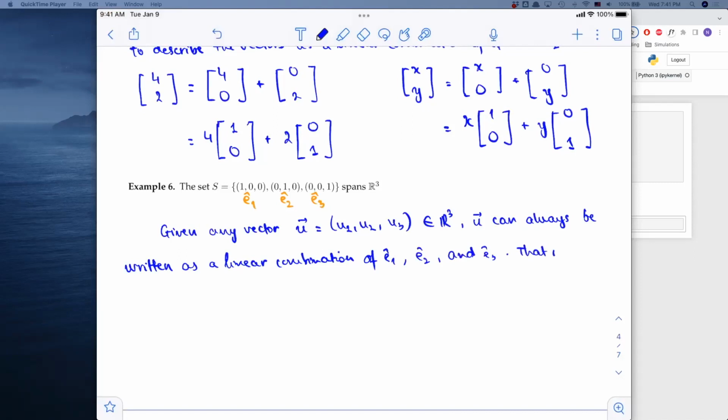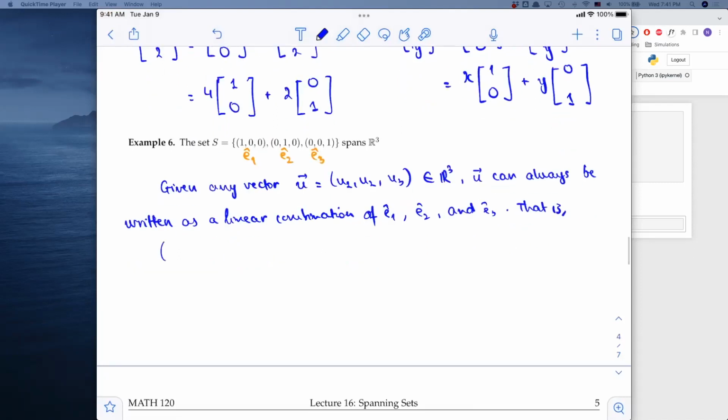That is, if you write U1, U2, U3 in this form, you can separate this particular vector into a sum of three other vectors. So U1 times 1, 0, 0 plus U2 times 0, 1, 0 plus U3 times 0, 0, 1. Okay, and 1, 0, 0 is E1, 0, 1, 0 is E2, and 0, 0, 1 is E3.